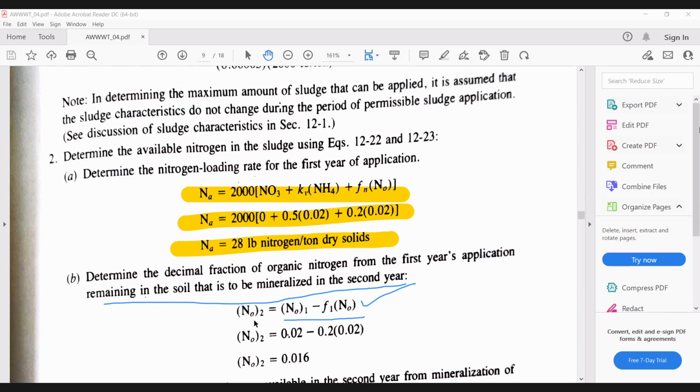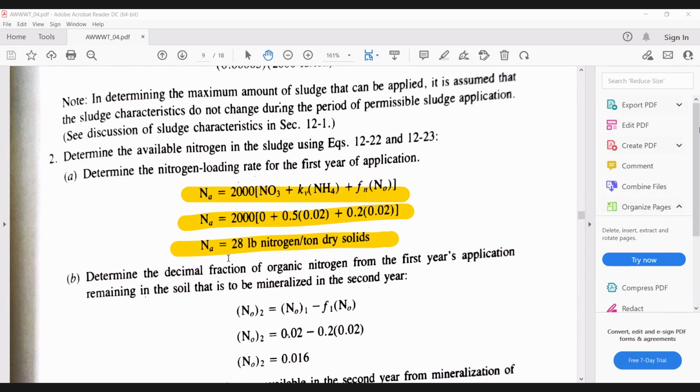N02, N01, N02 means next year. It is the decimal fraction of the organic nitrogen from the first year application remaining in the soil to be mineralized in the second year. That is why it is 20%, which is 0.02. So this much is going to be used for next year.